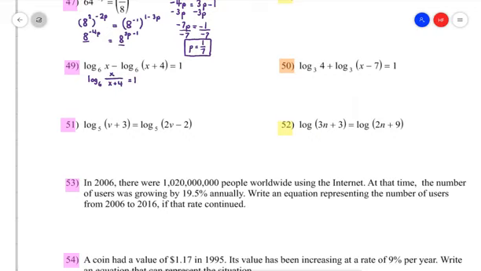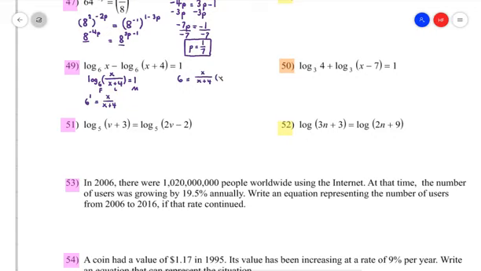So now we've got a single log equal to a number. We'll convert. And so we get 6 to the first power equals x over x plus 4. So 6 equals x over x plus 4. And we want to solve for x.